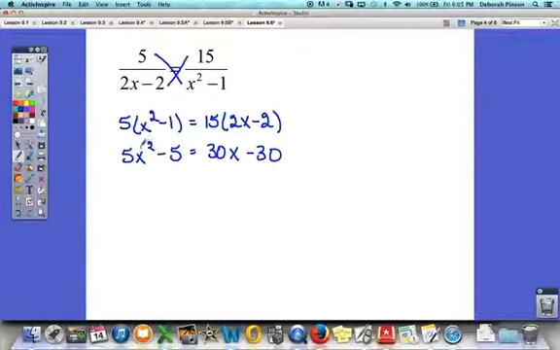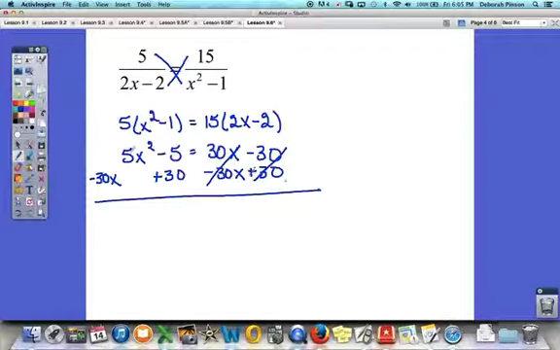Now again, it's a quadratic, so I'm going to get everything on the same side of the equal sign. I guess I'll put this back here for the moment so that I can use the quadratic formula or factor. All right, so I'm going to put my x squared first. So 5x squared minus 30x plus 25, negative 5 plus 30.